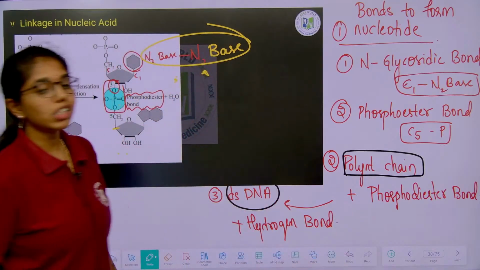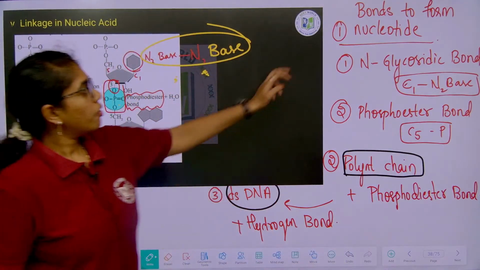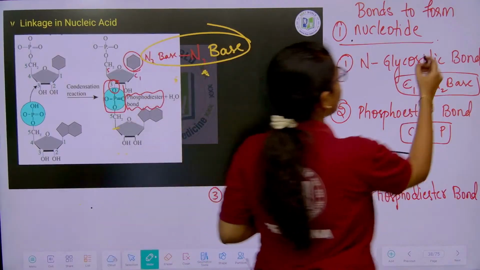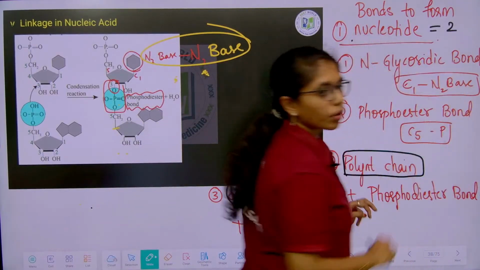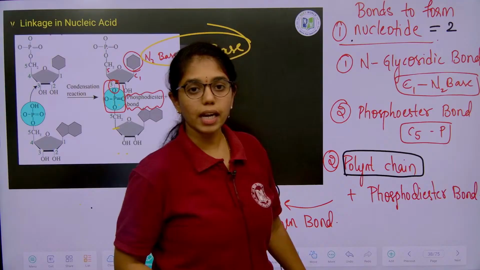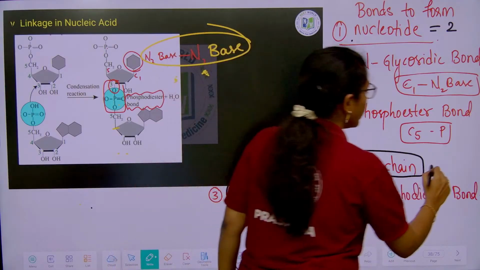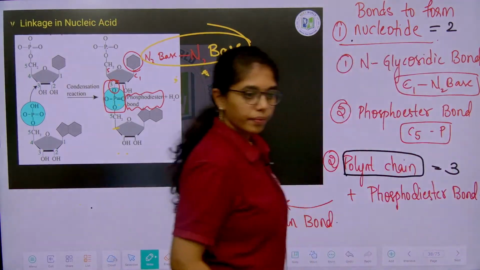So if we have to see the number of bonds for a single nucleotide, how many number of bonds? 2. To form a polynucleotide chain, how many number of bonds are required? 3. Okay.